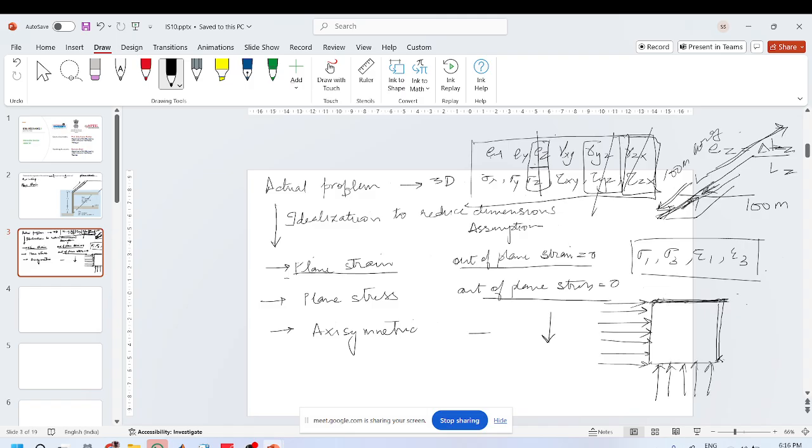In y direction, but in z direction, you see, there will be a very small this thing.